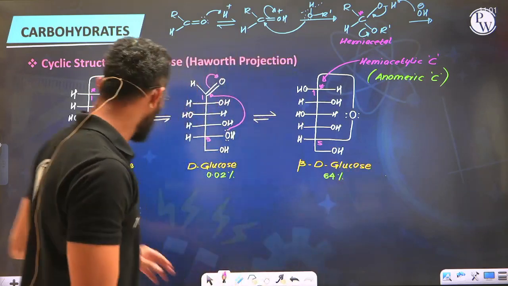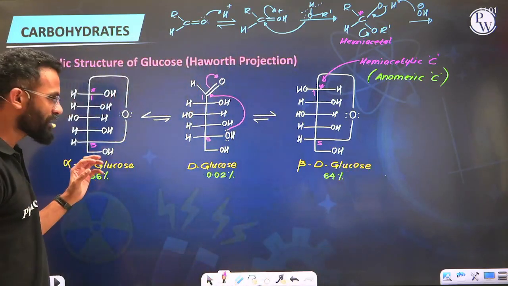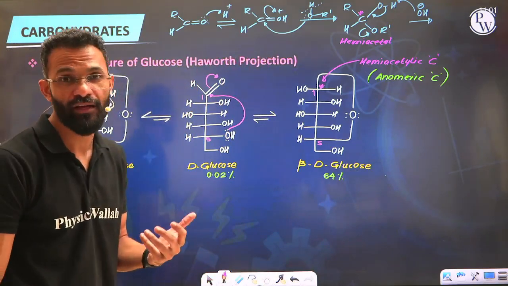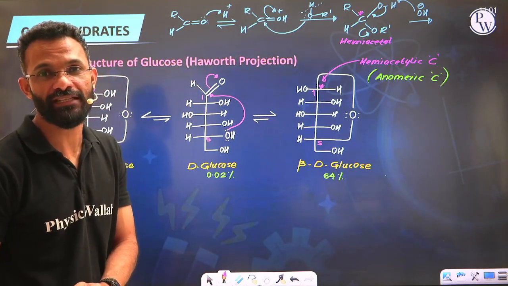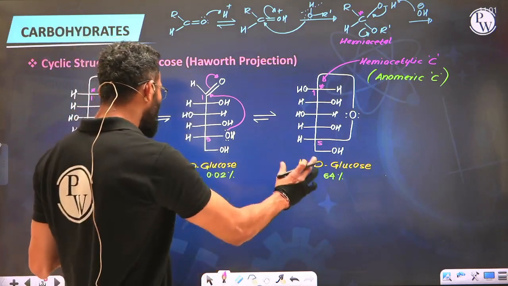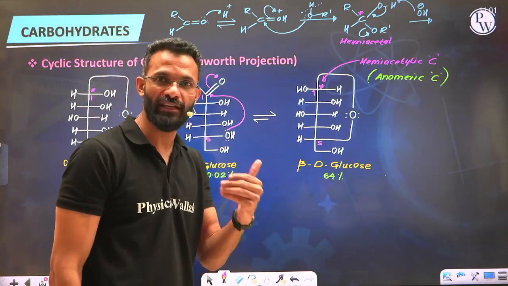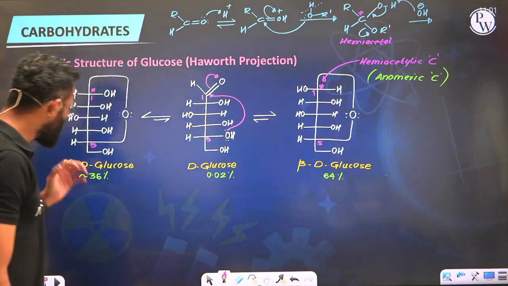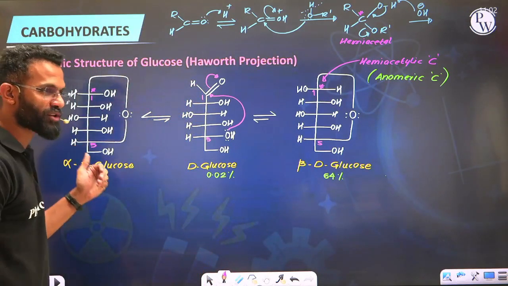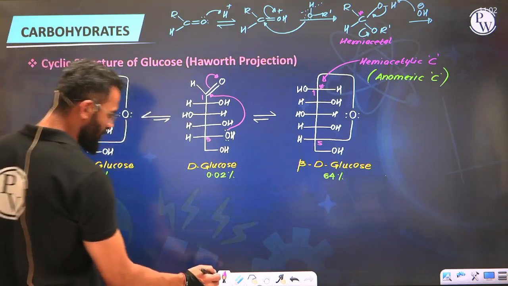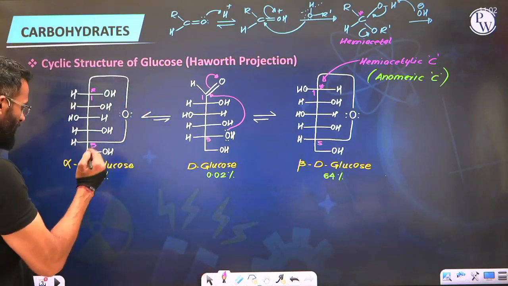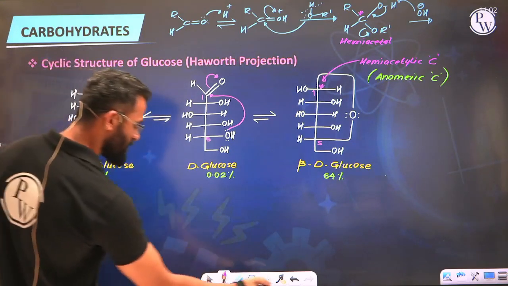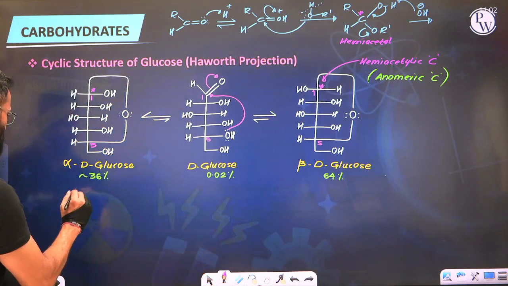Whereas if you separate alpha D-glucose in its crystalline form, you will find it melts at 146 degrees Celsius, meaning these two are independent forms of glucose which exist in nature. But imagine you take alpha D-glucose and make its aqueous solution and find out its specific rotation, you will find that it has a specific rotation of plus 112.